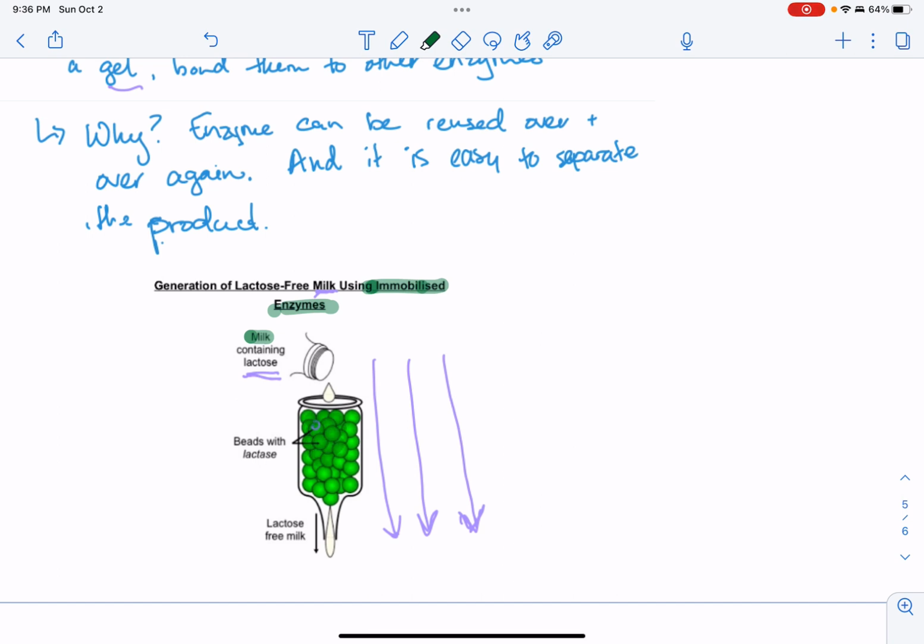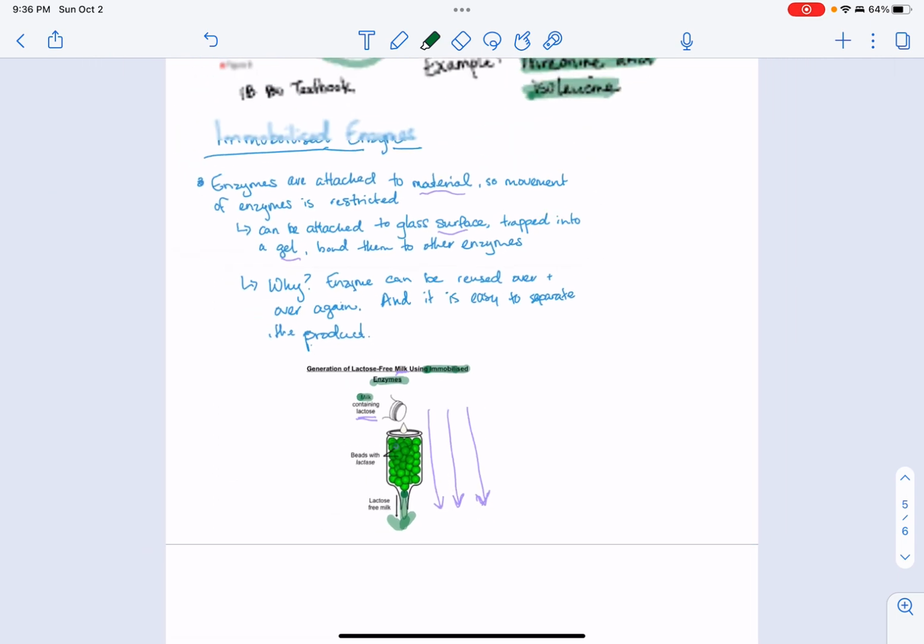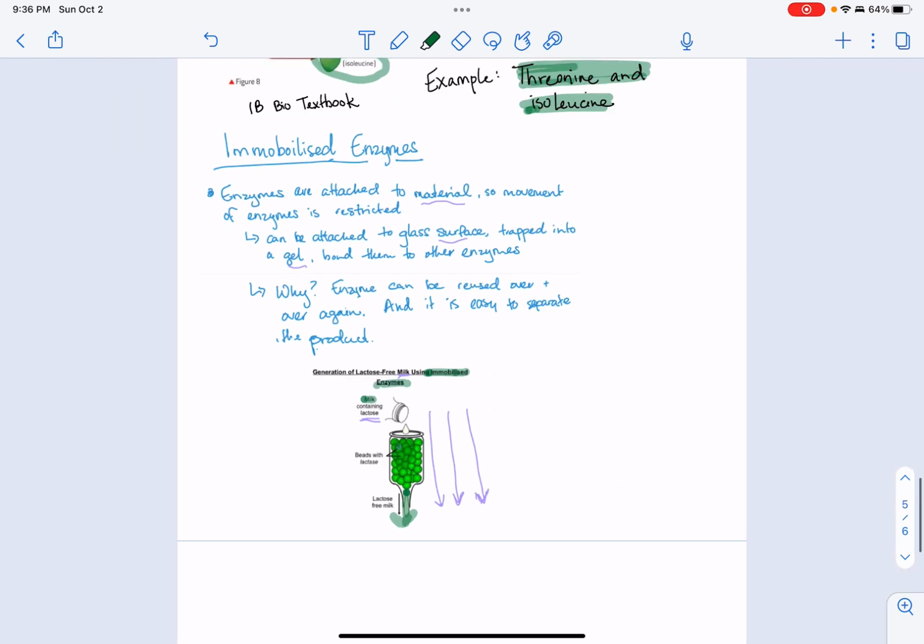And so when the milk goes through this filter, the lactose will be broken down by the lactase, and what comes out of it will be the lactose-free milk. Okay, so that is your last example, and that's all I have.